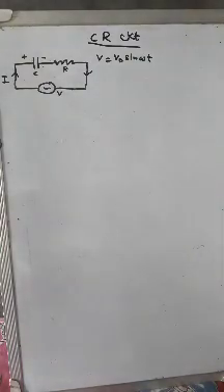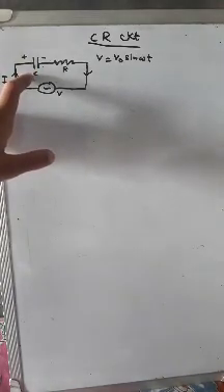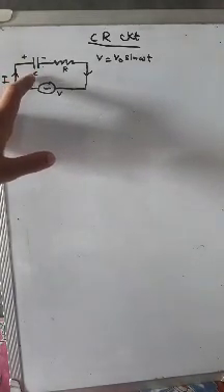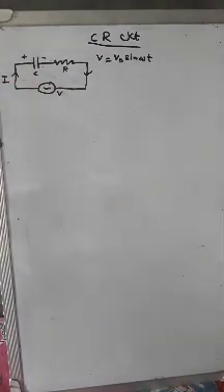Students, at any moment, that means during the charging condition, if Q be the charge stored in the capacitor C, then what will be the effective voltage in the circuit? Obviously there should be some drop.